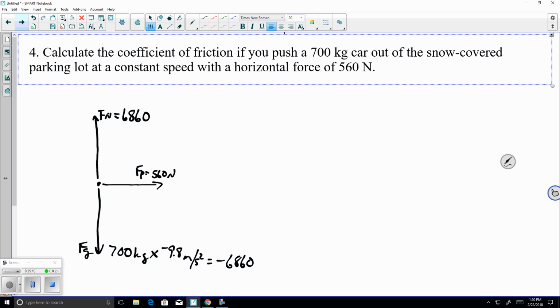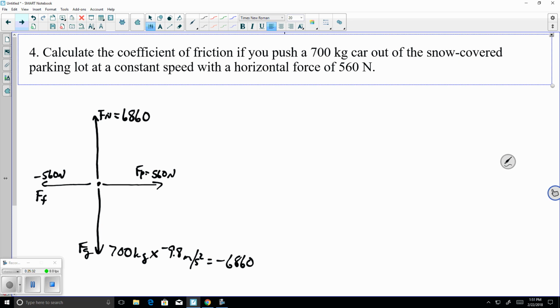That would be even better. And we want to know what the coefficient of friction is. The car is not accelerating, so we know the force of friction is also 560, but in the opposite direction, so it's minus 560.